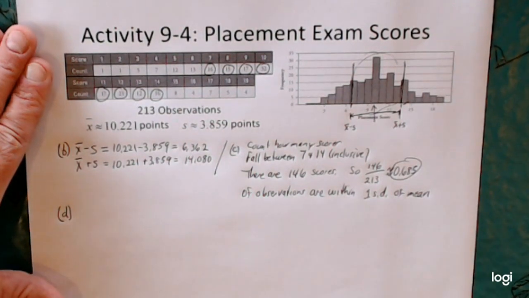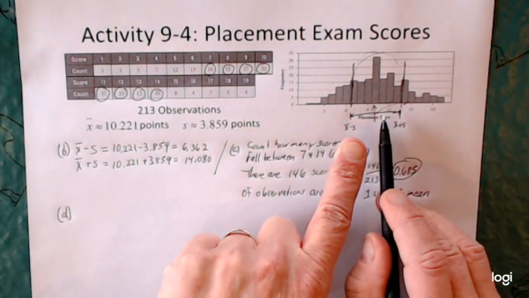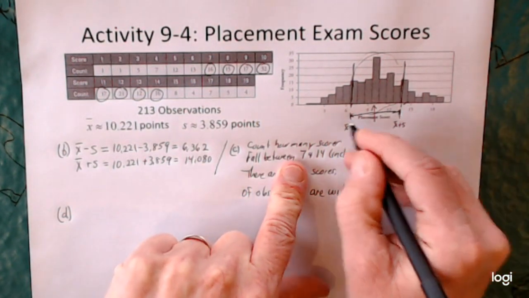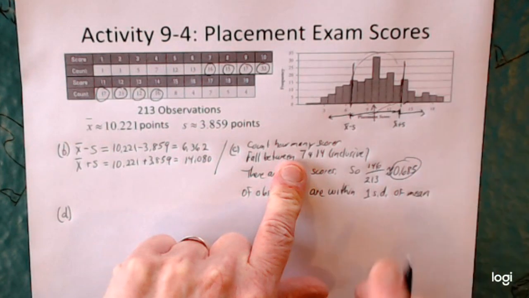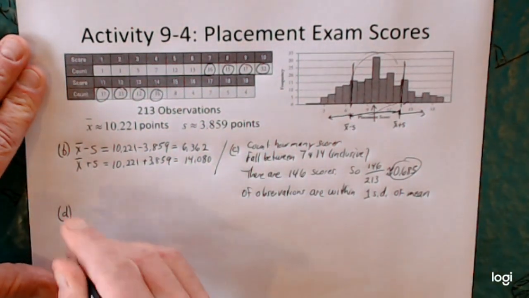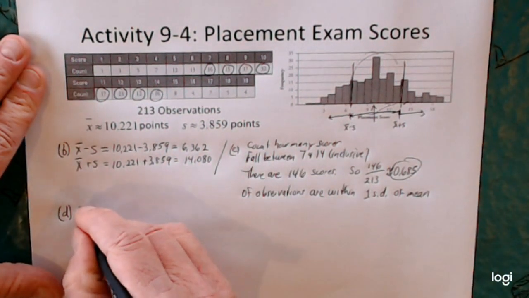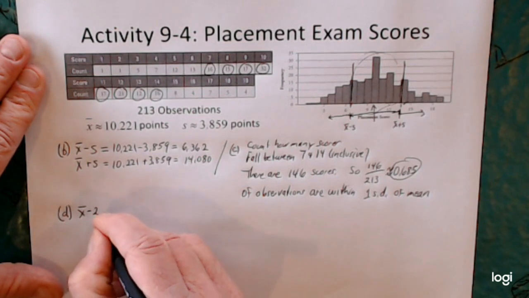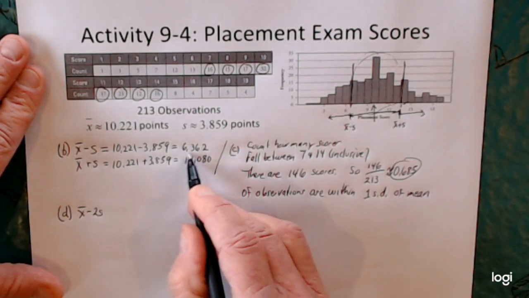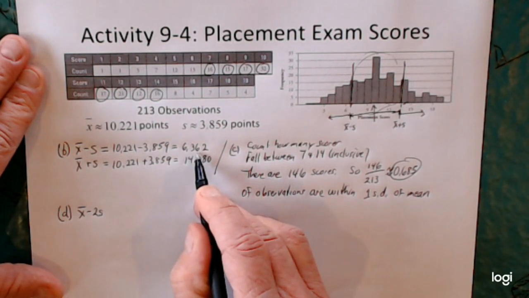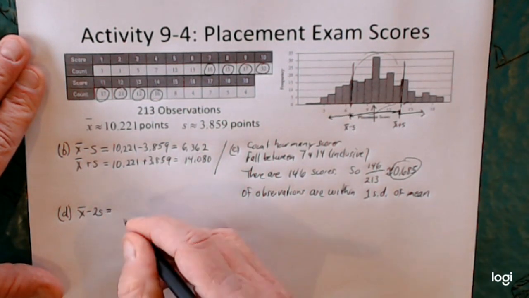And we're going to stretch it out another standard deviation. So we're going to go down 1, and up 1. Okay, so if I do x bar, the mean, minus 2 standard deviations, I'm subtracting another standard deviation from the 6.362, right?